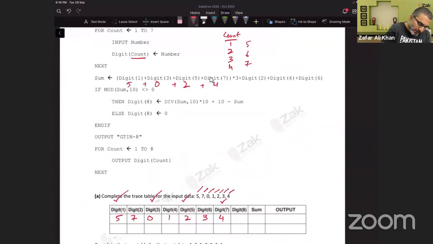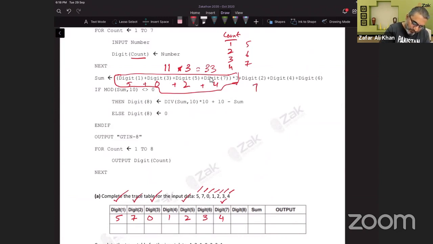So the output of this particular bracket will be 11. Now multiply by 3. So 11 multiplied by 3 becomes 33. Plus digit 2, which is 7, plus digit 4, which is 1, plus digit 6, which is 3.